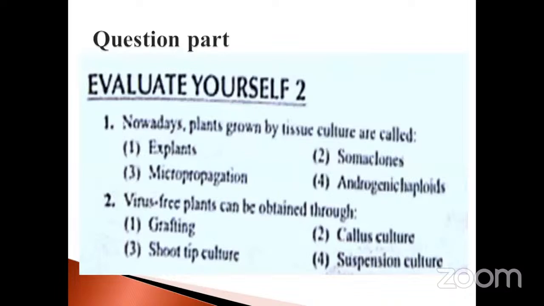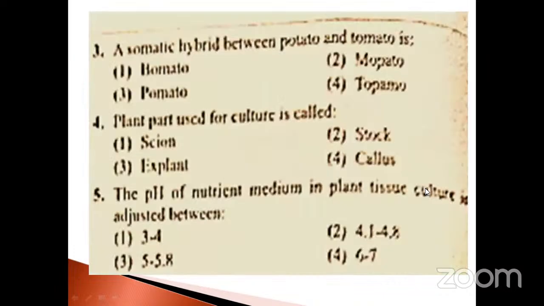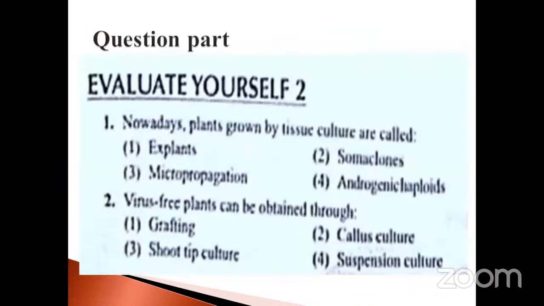Next, we will pass on to the question part, evaluate yourselves. Nowadays, plants grown by tissue culture are called explant, somaclonal, micropropagation, or androgenic haploid. Just imagine which one it is. Okay, see that? Somaclone, somatic clones. Nowadays, plants grown by tissue culture. Tissue culture is nothing but somatic in nature.